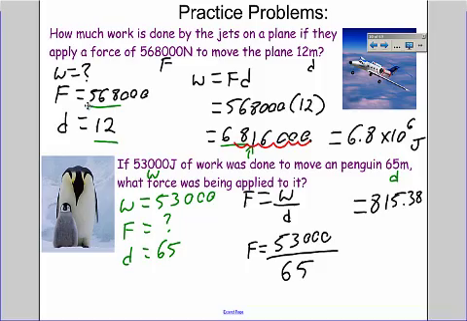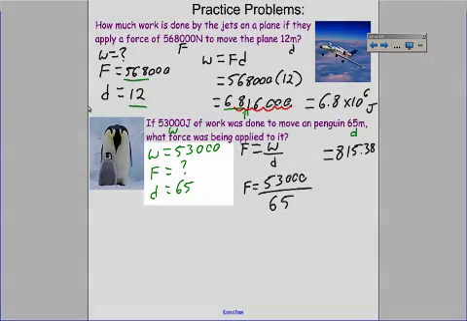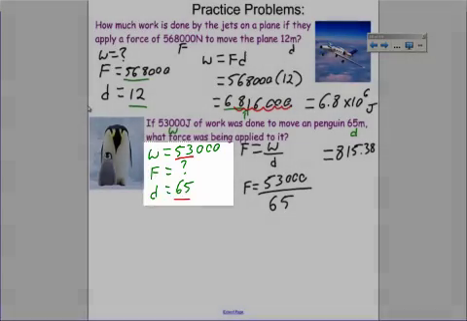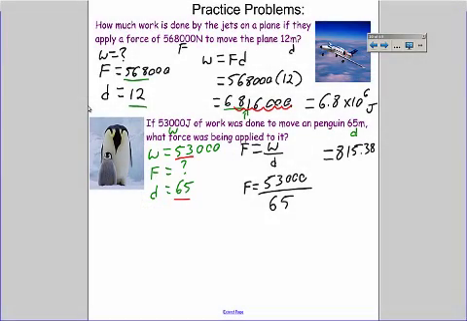So we look at our numbers that we were given. 53,000 has 2 significant digits. 65 has 2 significant digits. So what we need to do is change our answer so that it only has 2 significant digits. The first 2 numbers are 81. Our next number is a 5, so that means we're going to round up.